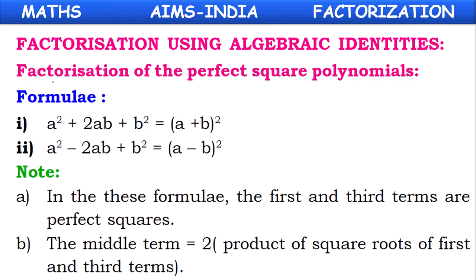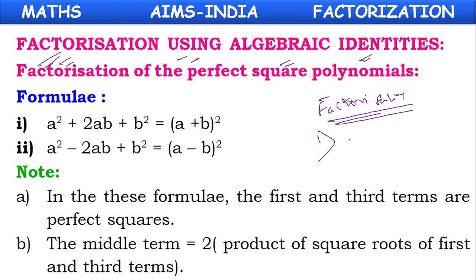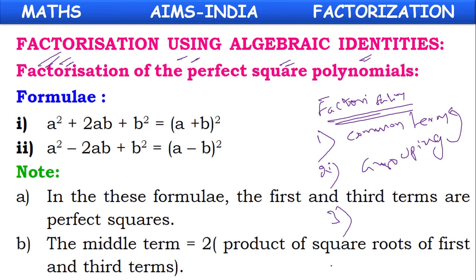So here, children, the other concept is factorization using the algebraic identities. In factorization, we have learned so many types: taking out the common term, grouping the like terms, the factor theorem and the remainder theorem.